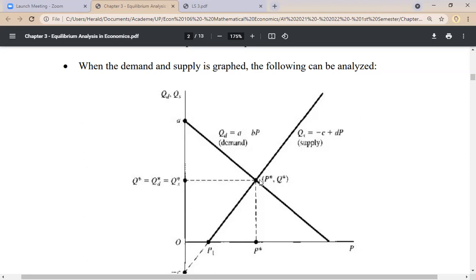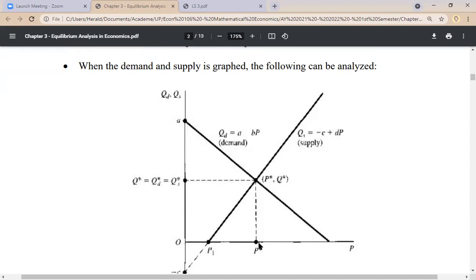So again, in this market there is a state of balance, there is no tendency of change here. When the price is above the equilibrium price, we mean to say that there is a surplus at that point. So if there are no other restrictions in the model, market forces would push the prices down.